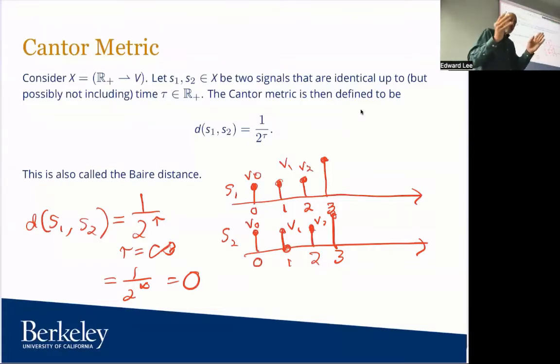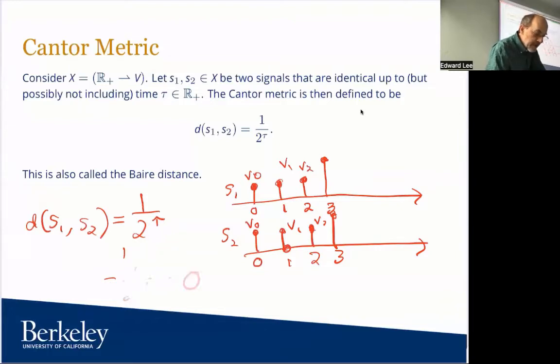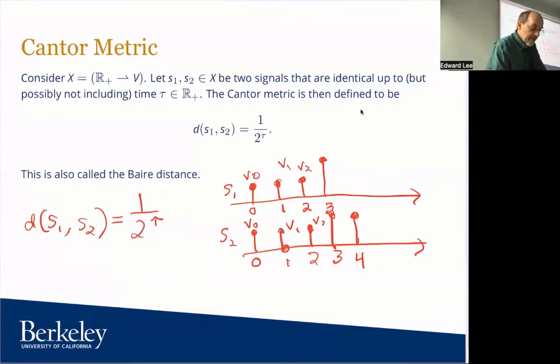Notice now a signal that differs at a later time. Suppose that now we take a signal that differs at, the eraser's not working. The signal S2 has an extra value at 4 that S1 doesn't have. Okay, now tau is 4.